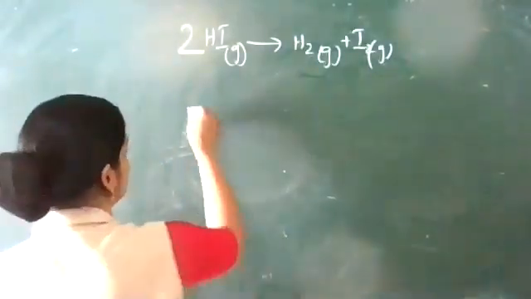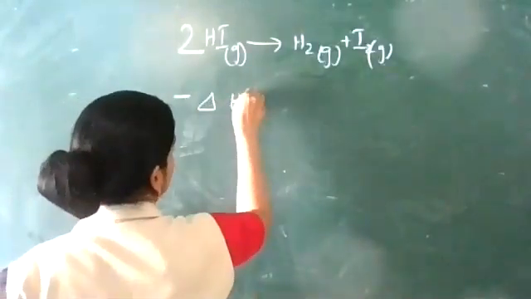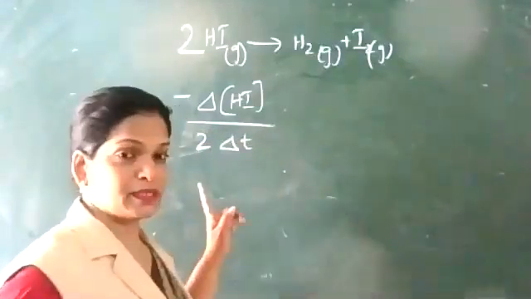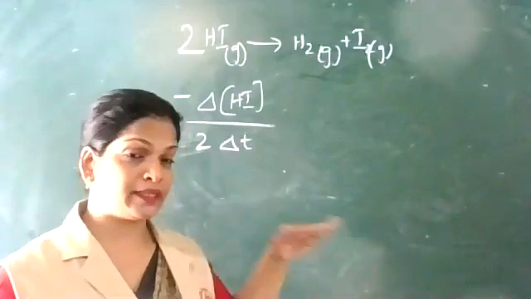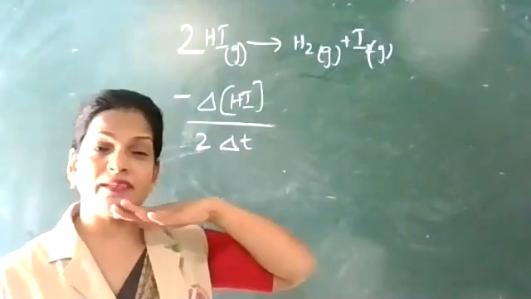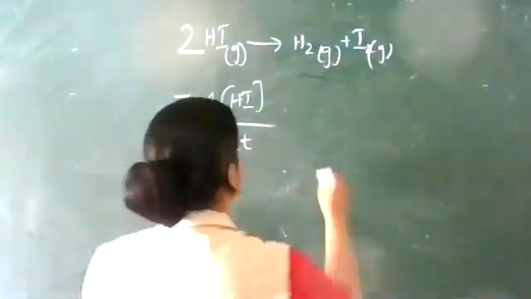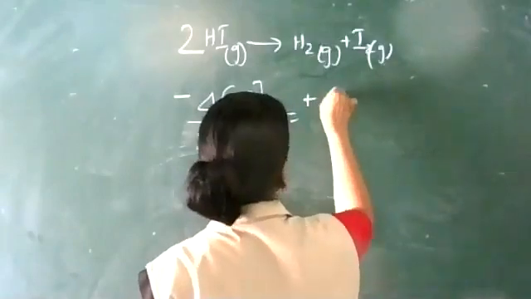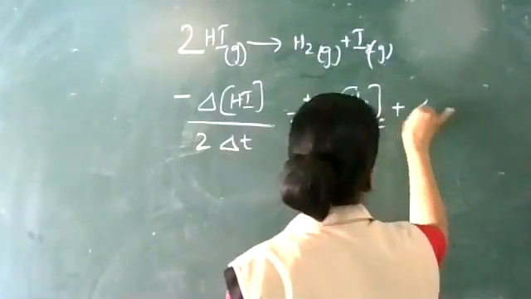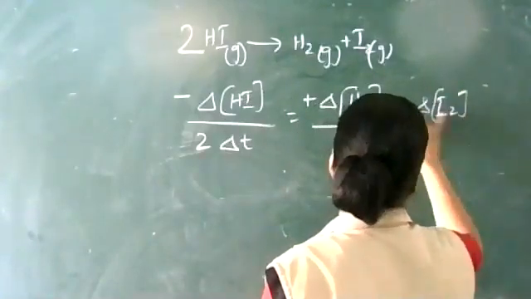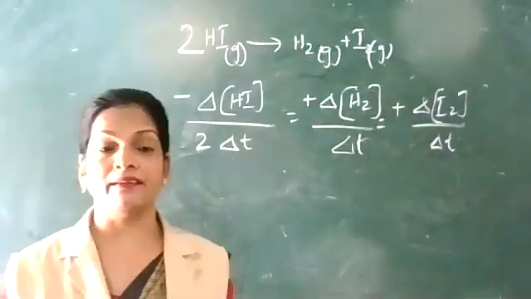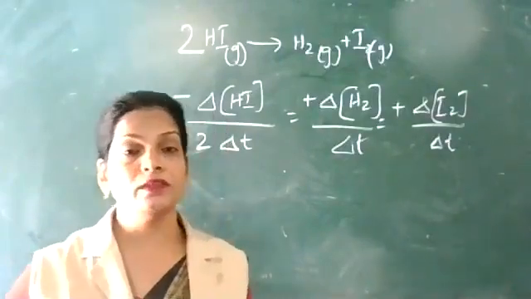So what we are going to do is minus delta HI upon 2 delta T. 2 is coming in the denominator to make the rate the same in terms of each and every reactant and product. Equal to plus delta H2 upon delta T is equal to plus delta I2 upon delta T. So whatever the stoichiometric coefficient is, we'll be writing it in the denominator to make the rate constant.